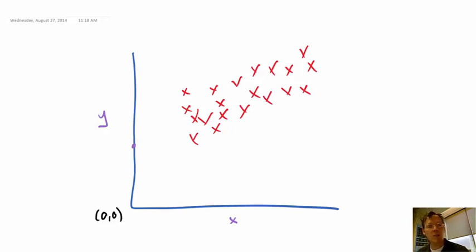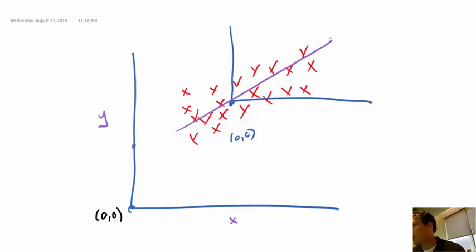What we're doing by centering the data is we're setting the origin to be right in the middle of the data. So that point now is 0, 0 by subtracting off the means. So it's basically reorienting the axes so that the 0, 0 point lies right in the middle of the data. Now it seems a lot more reasonable to find the regression line that goes through the data where we just consider a slope.